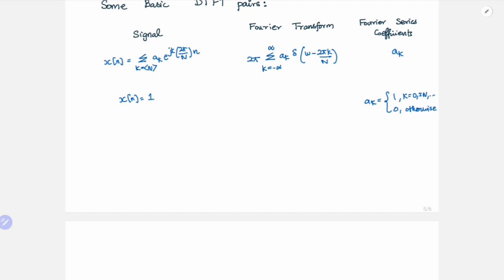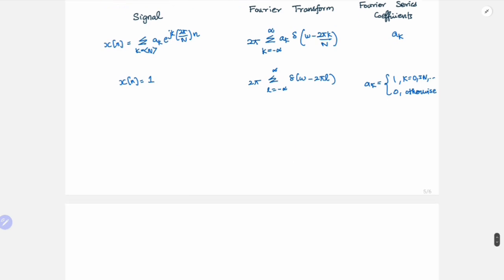Here you just need to substitute this, so you will get 2 pi into summation L equal to minus infinity to infinity delta of omega minus 2 pi L. What I have done is substituted k with L into N, where L is some integer. Then you will get all these possibilities.